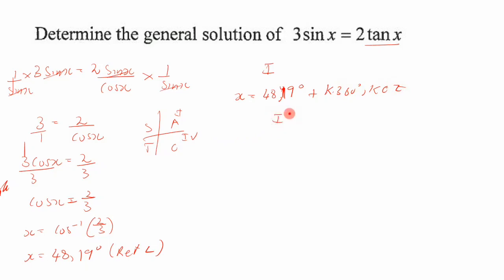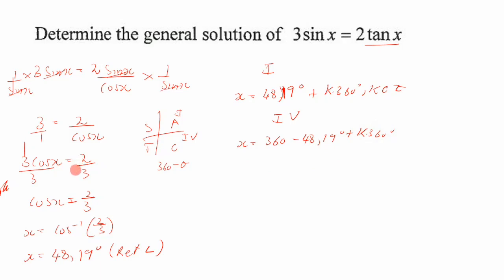Then for the fourth quadrant, we know the reduction formula is 360 minus theta. Then we have x is equal to 360 minus 48.19 degrees plus k times 360 degrees. Let's subtract that.